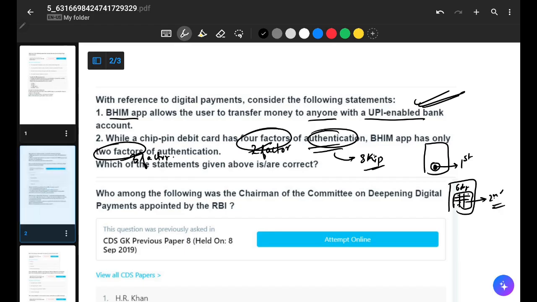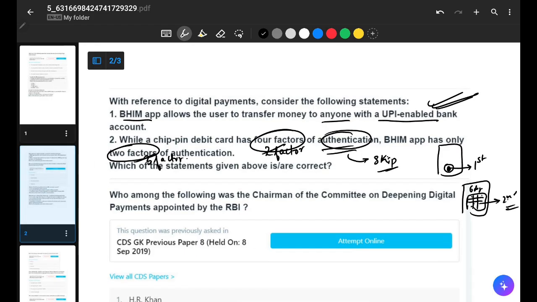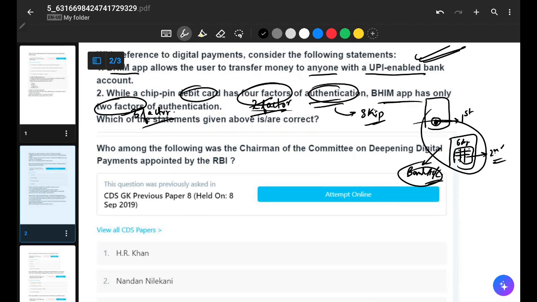Whereas for the chip debit card, it will have 2-factor of authentication, and the Beam app has 3-factor of authentication. I think apart from this, they will verify your bank account and all that when you're using it the first time. So the 3-factor of authentication. Debit card I think you just have to swipe it. Okay, that is 1 factor, and you have to enter the pin. So it's 2 factors.